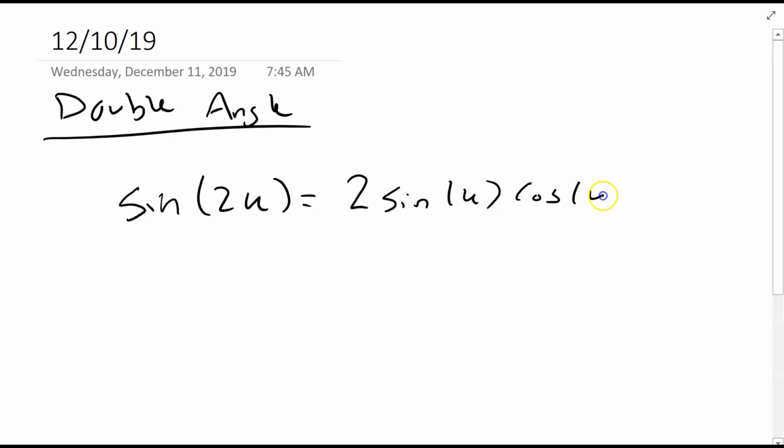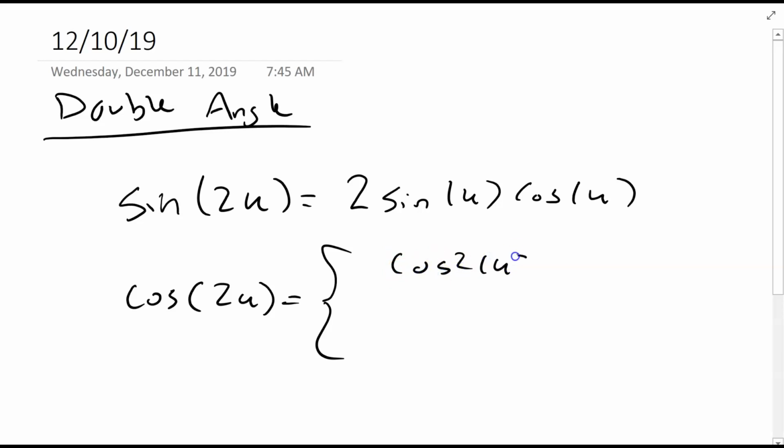On Monday, when I was gone, I'd asked you guys to read about the double angle identities and power reducing identities. So the double angle identities are these three. The only one that's a little bit tricky to deal with is the cosine one, because there are three different versions that you can choose from.